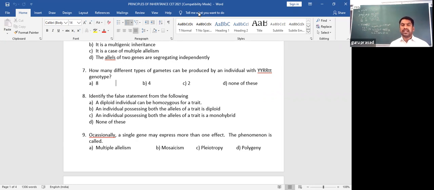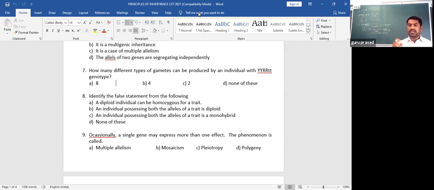If the options are like 8, 4, 2, and D has 1, at that time, 1 is the answer. But here 1 has not been given, so none of these will be the answer. Or else you simply follow the formula. When they ask the number of gametes, you have to calculate 2 to the power n. N is the number of heterozygotes in the genotype.